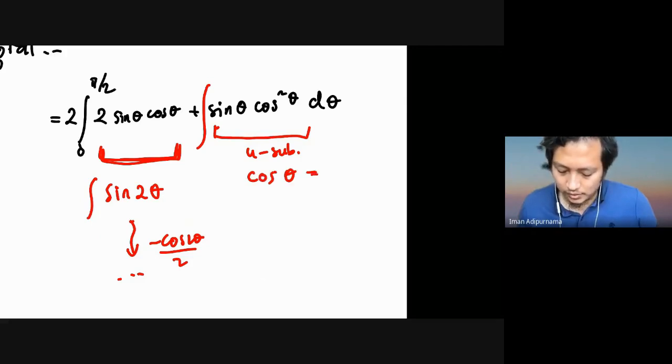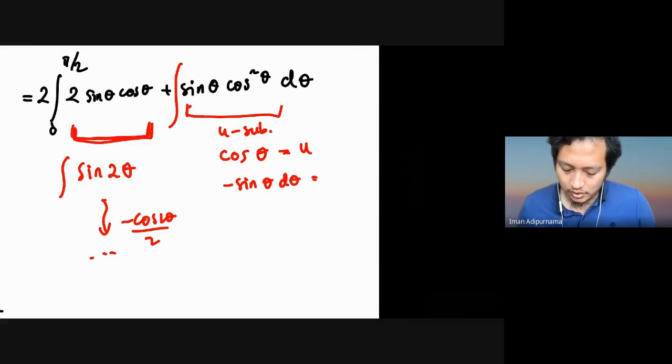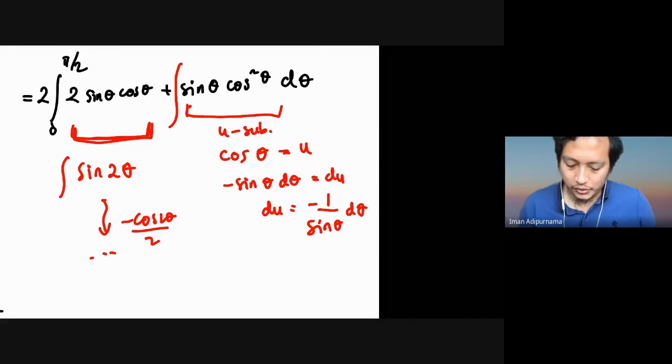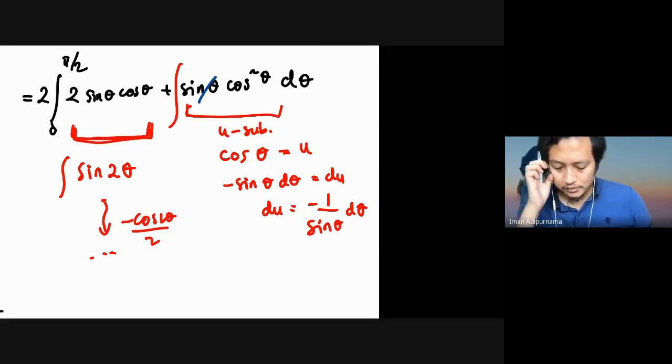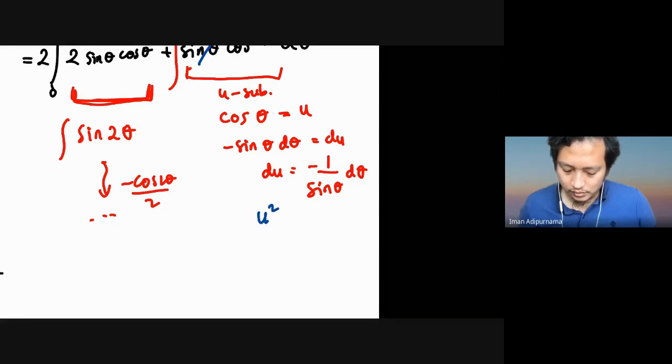Let this cos be u, and then we differentiate, and we get the relation between u and theta. The idea is to cancel this sine, right? And you have u squared, it becomes u cubed over 3, right?